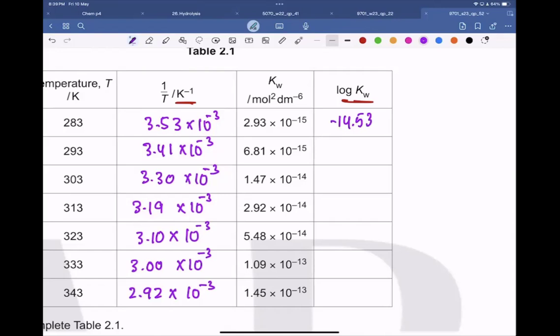Minus 14.16. Are you sure? After 6, what is the number, Maheen? If it's 5 or greater than 5, then you have to round off this one. Next one.